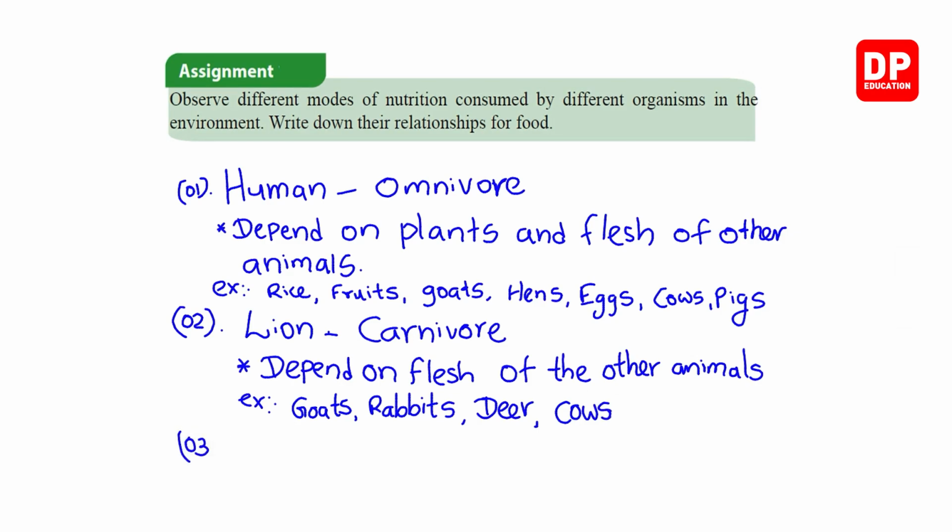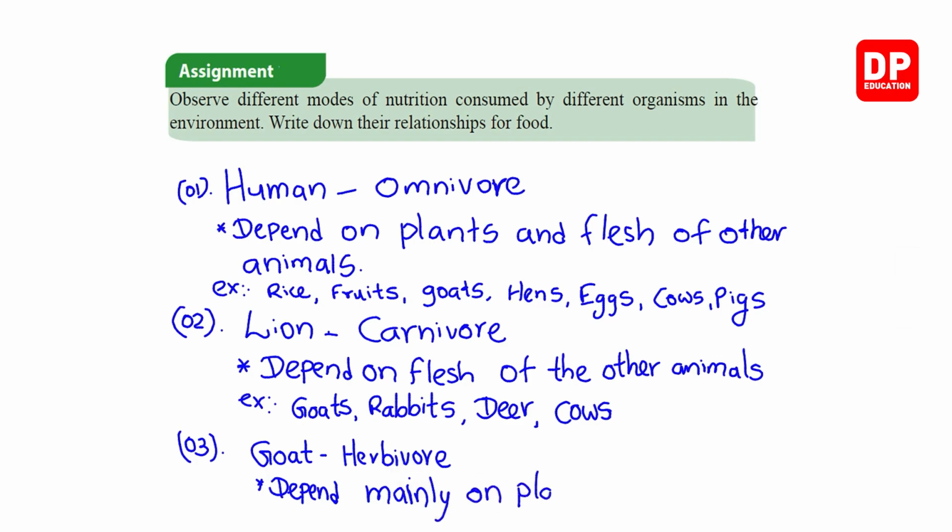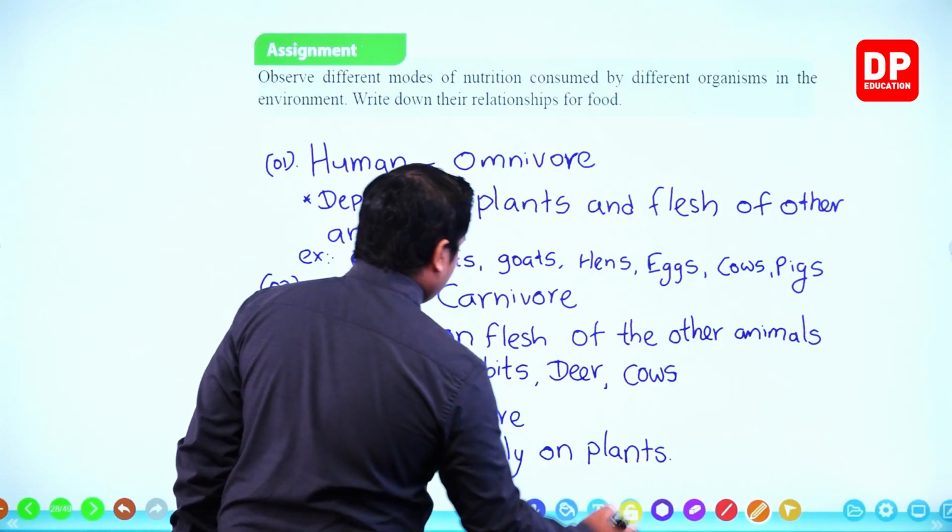Then number 3, I'll use goat, herbivore. Herbivore organism. So you know that a herbivore organism is going to depend mainly on plants, right?